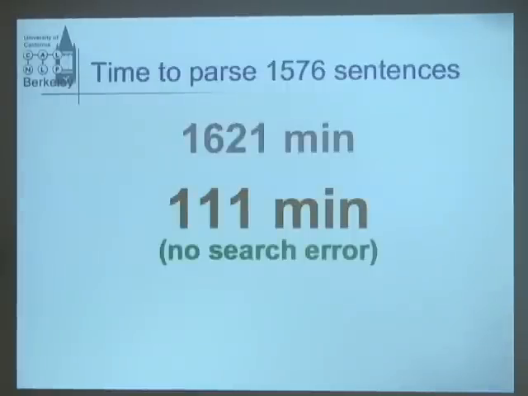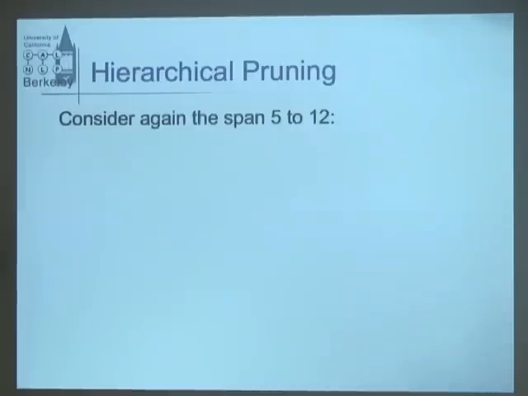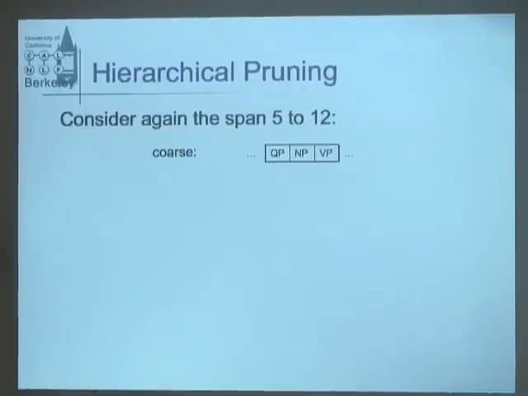So this idea, if we apply it, allows us to cut down the parsing time significantly, but we are still too slow for practical applications. However, we can do it in a hierarchical way. Instead of going from the coarsest version to the most refined one, we can do several rounds of pruning. We start with the coarsest one and then prune away one symbol.